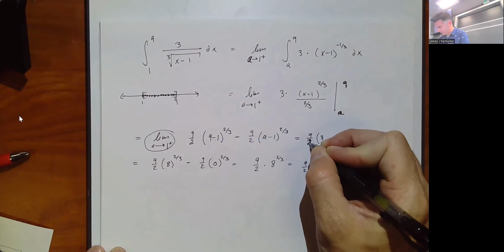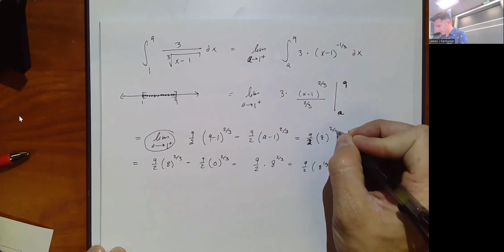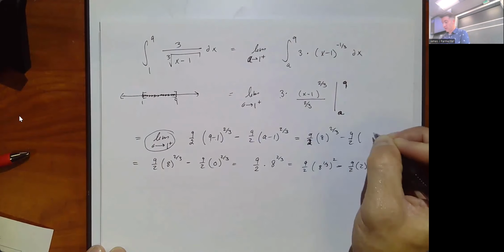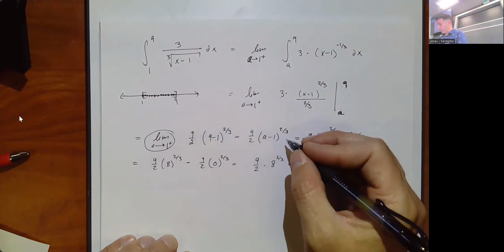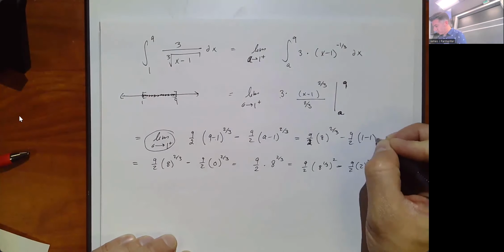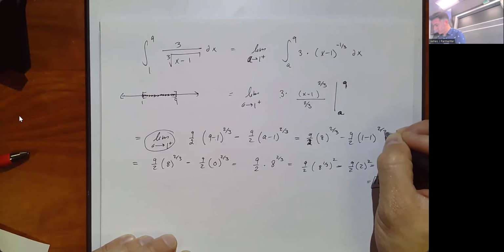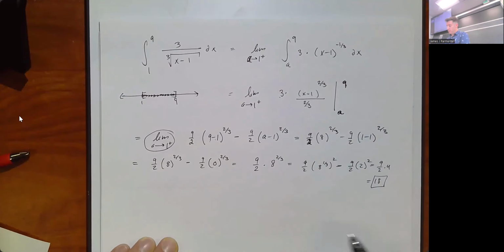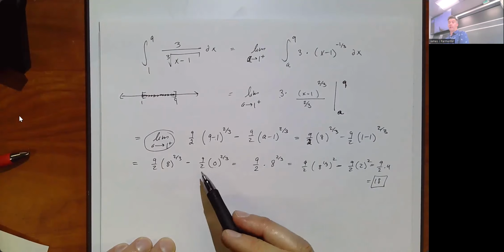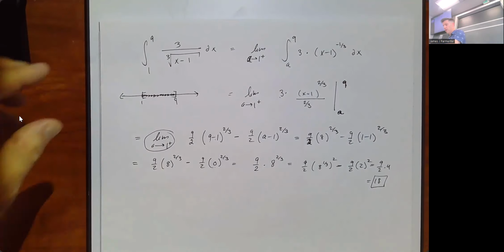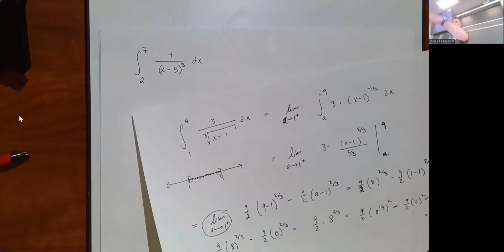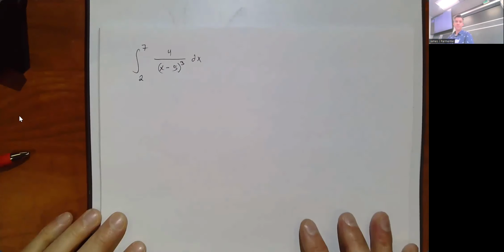And then minus 9/2 times, and to take a limit, the first thing we always try is just plugging in what the limit's approaching. So I'm plugging in 1 for A and getting 1 minus 1 to the 2/3. And then 1 minus 1 is 0, and 0 to a positive power is still 0. That's what's happening there. Thank you. You're welcome, of course. Thanks for catching that. I appreciate it.